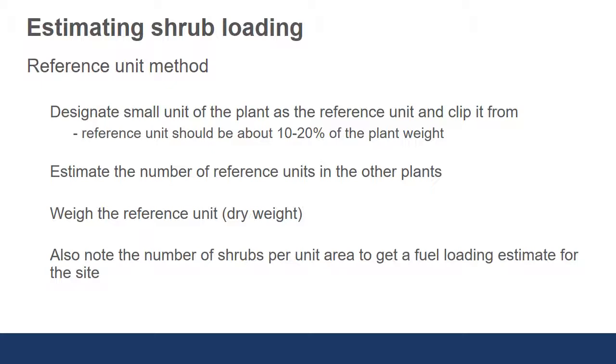To use this reference unit method, first you clip the reference area and estimate the number of reference units on the entire plant. You then dry and weigh the sample, and then multiply the weight by the number of reference units. This method is used to estimate the number of shrubs per unit area and multiply up. In many cases, you may have to use this method on a range of plant sizes and species to get stand or plot level data.